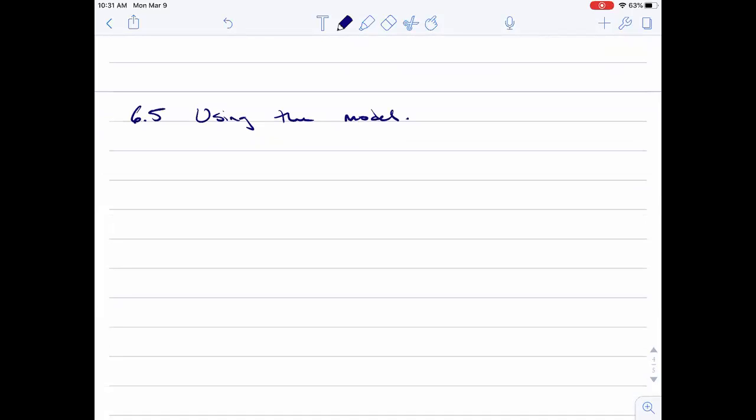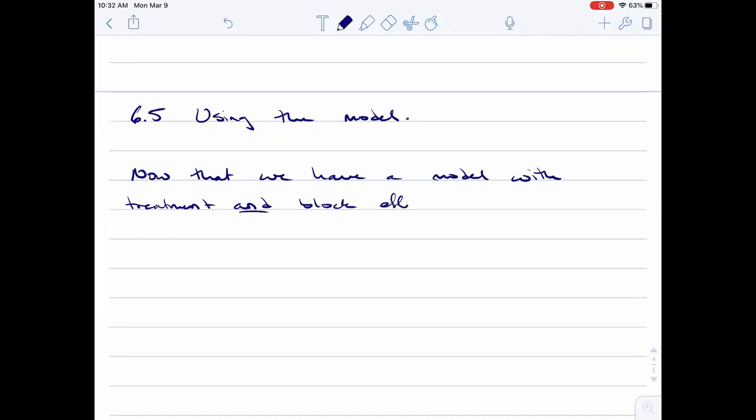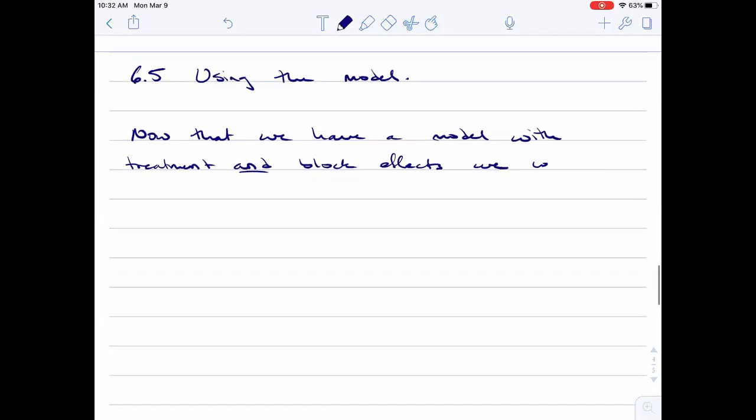Now that we have a model with treatment and block effects, we will be testing two hypotheses.